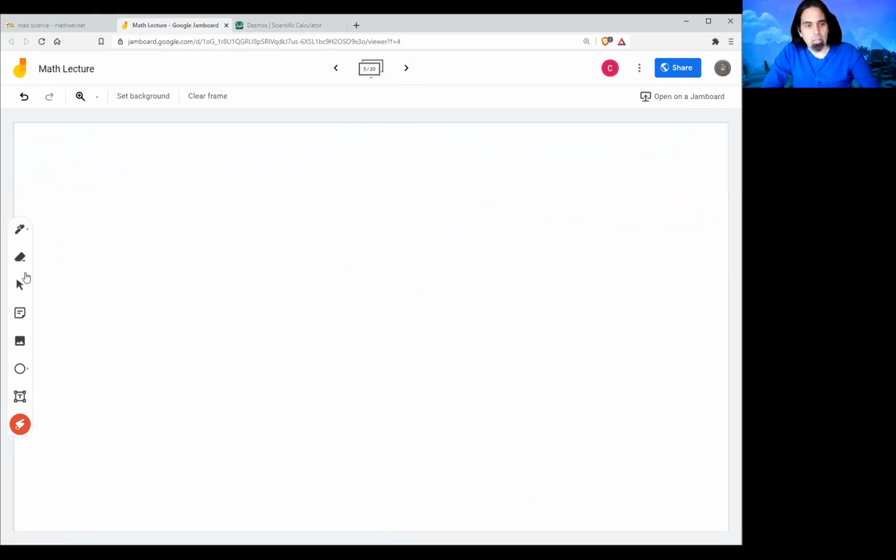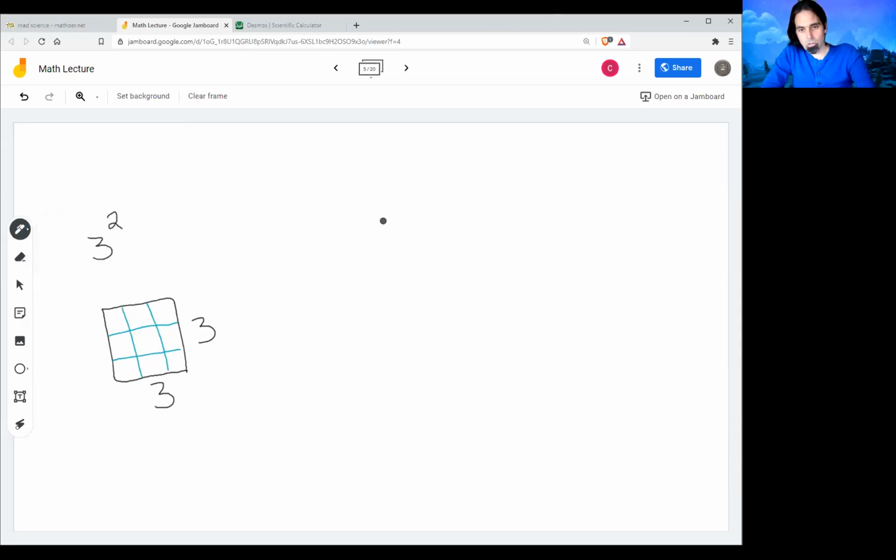So if I want to draw 3 squared, I can. That would be the area of something that's 3 units on a side, 3 feet, 3 inches, something like that. And I can say, that's 3 times 3 is 9. And there they are, 9 boxes.